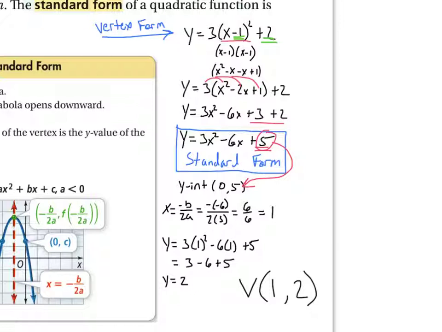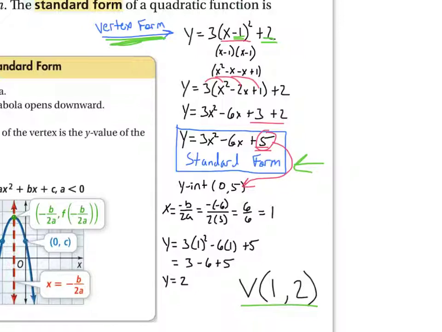I would never, ever, ever ask you guys to start at vertex form, change it to standard form, and then give me the vertex. That's a whole lot of work to work in a big circle. When you start in vertex form, you know what the vertex is. Okay? What I will ask you to do is to start in standard form and give me the vertex form. Okay, so I'll teach you how to do that here in a few minutes.